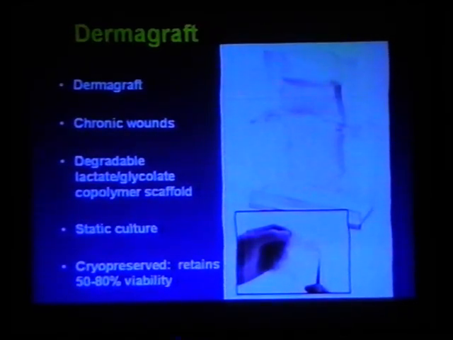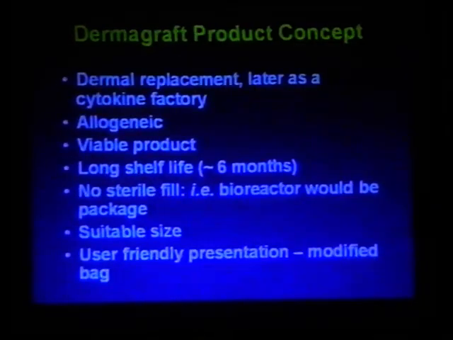So this is Dermagraft. It's used for treating chronic wounds. It uses a degradable scaffold, which I'll discuss a little further, and it is cryopreserved at the end. And in tomorrow's talk, I'll say more about cryopreservation and its importance for this kind of product. Now, Dermagraft is a therapeutic product, and so it's tightly regulated, in our case by the FDA, but also by other regulatory authorities.